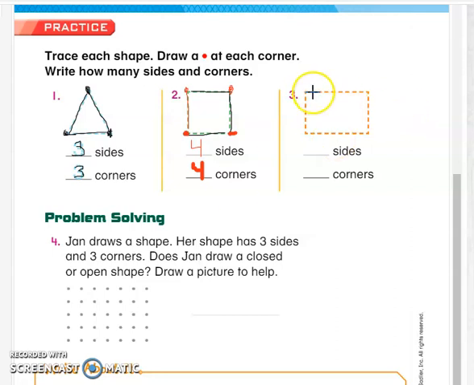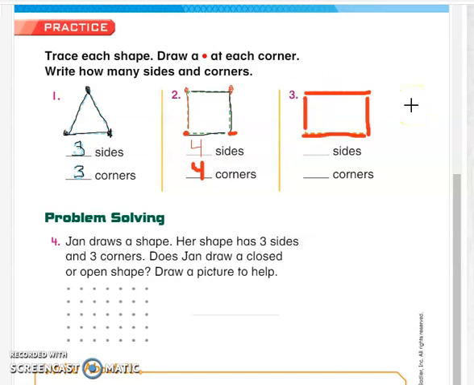All right, let's try number 3. First, I'm going to count and trace my sides. So I have 1, 2, 3, and 4.